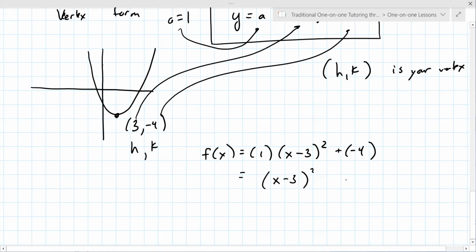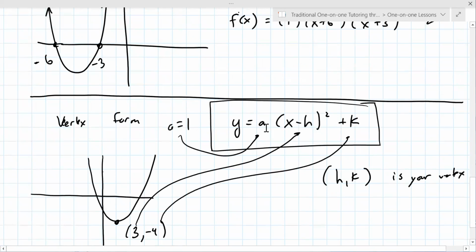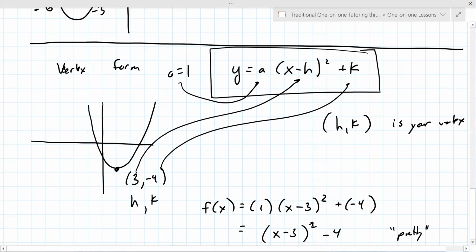You could not write the 1 and you can write minus 4. We call this the pretty step. But it's exactly the same. Do you understand that all you did is take 3 and negative 4 and plug them into this equation? Yeah, I do. Okay, do you have this equation written down, so don't rewrite it? Yes, I do. Okay, so let's try another one here.